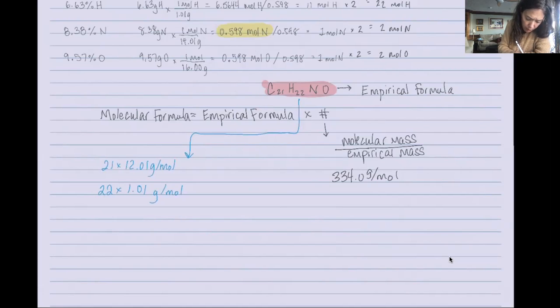We have, oops, I forgot to put my 2 there, guys. 2, 2. Glad I saw that. We have 2 times, I'm going to go back to my pretty blue color, we have 2 times nitrogen. And we have 2 times oxygen. And we want to add those up together. These are moles, these are moles, these are moles, these are moles, so that those will cancel and we'll be left with grams.